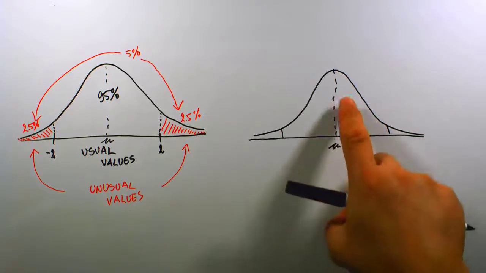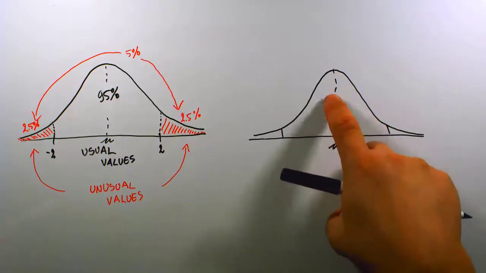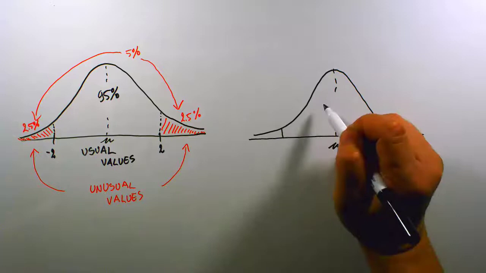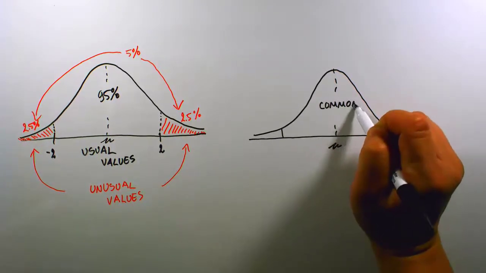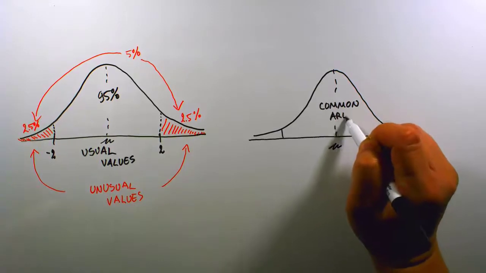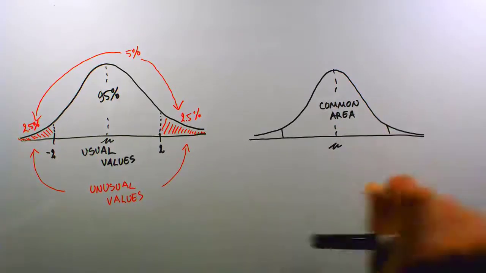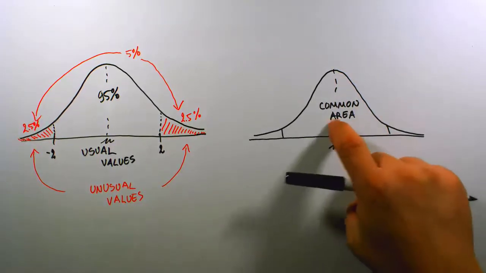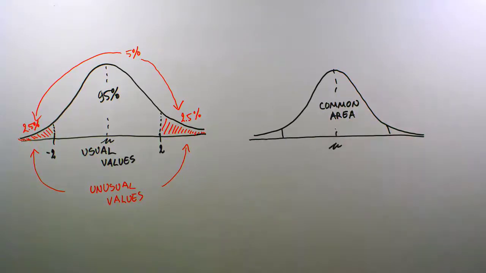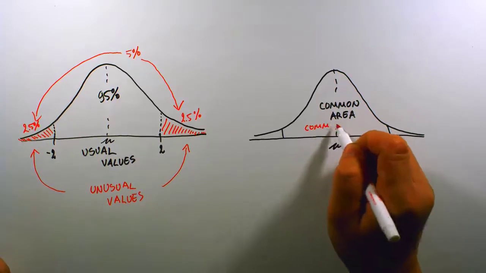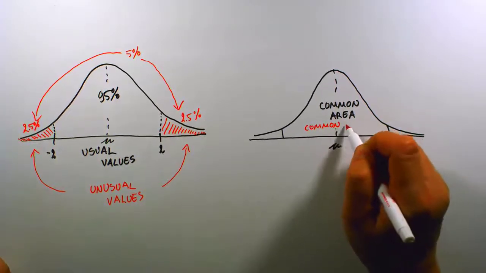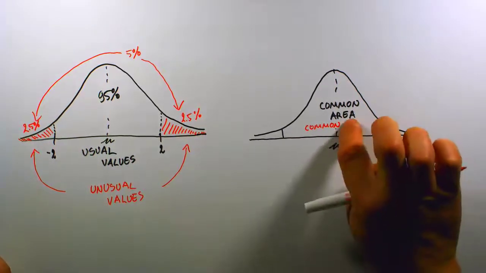And now in this generality, I refer to the big fat area as the common area. It's the common area, or this area is where we have all the common values. So all the values in here are referred to as common values.